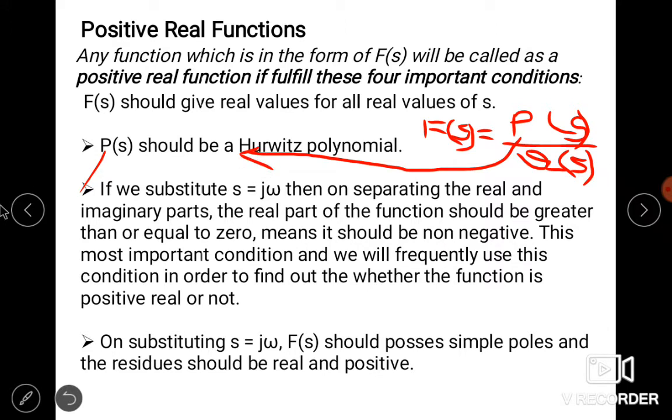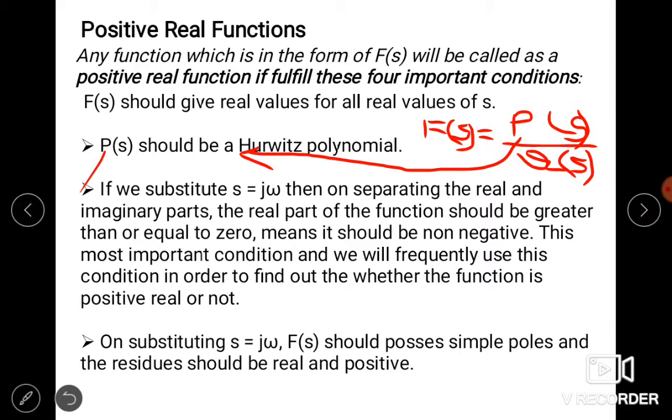Now next, if we substitute s equal to j omega, then on separating the real and the imaginary parts, the real part of the function should be greater than or equal to 0, meaning it should be non-negative. This is an important condition, and we will frequently use it to find out whether the function is positive real or not.